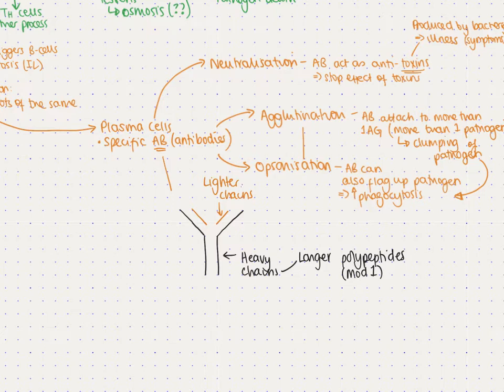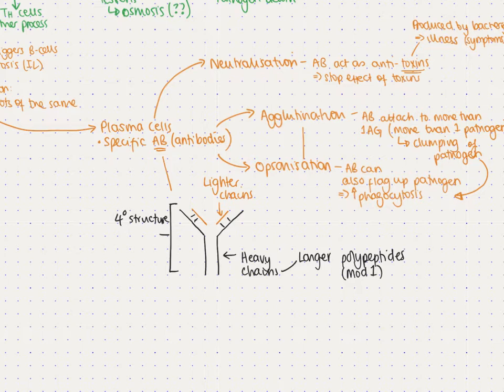And these two chains, the heavy and the light chains, are linked. So we've got the production of a quaternary structured molecule. Okay, because we've got more than one polypeptide chain being bound together to give a functional piece.